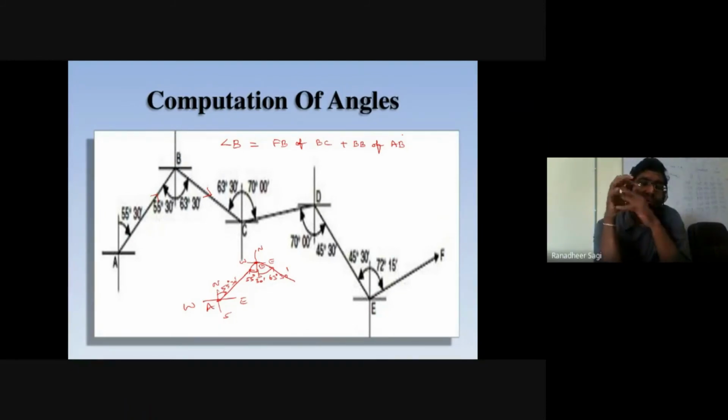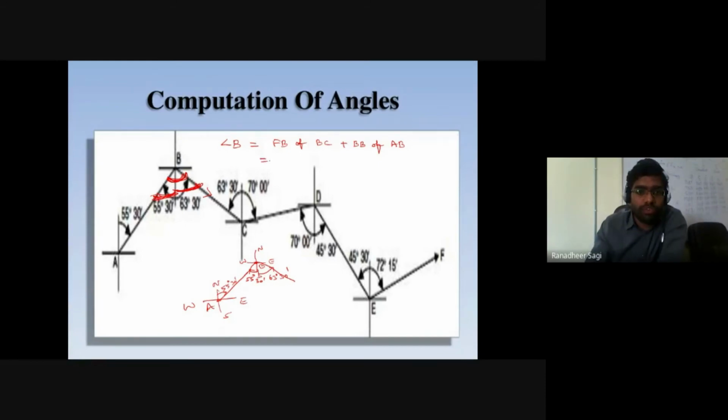But here, from basic trigonometry or basic common sense, we understand the interior angle at point B between these two lines is nothing but this angle plus this angle. This angle is represented as the forebearing of line BC, and this angle as the back bearing of line AB.